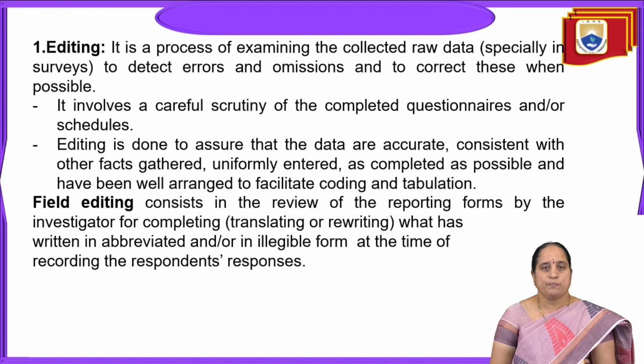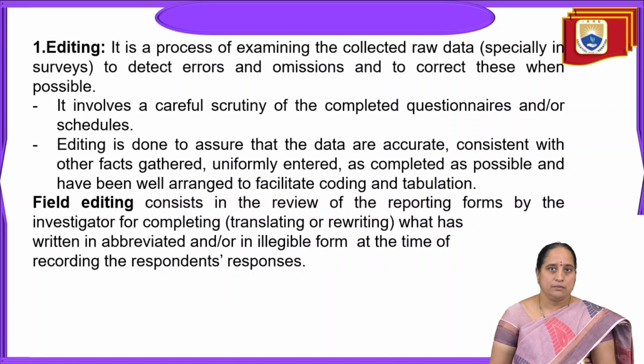So the first step involved in data processing is editing. It is a process of examining the collected raw data. Raw data means data which do not have a specific meaning, especially in the case of surveys, whatever data we collect is not yet meaningful information.